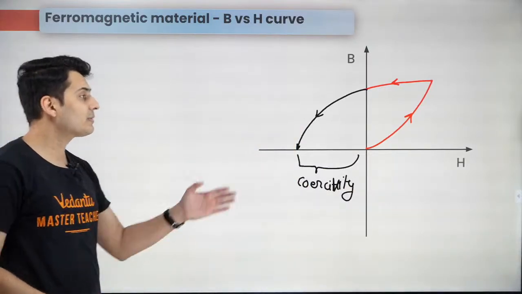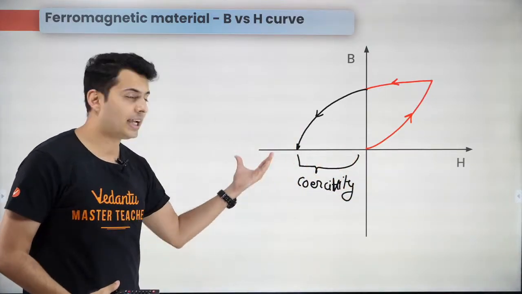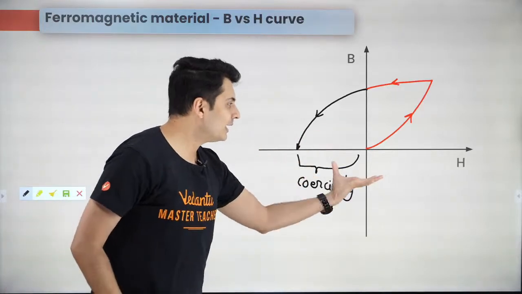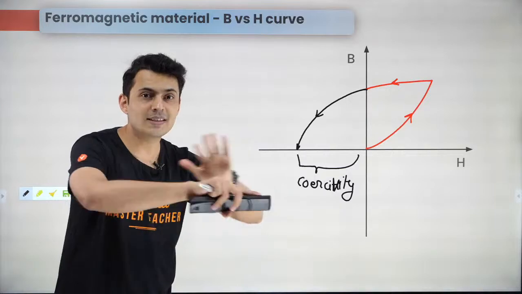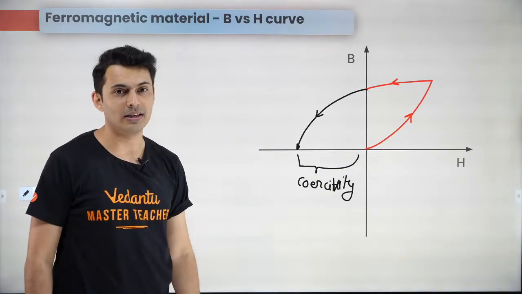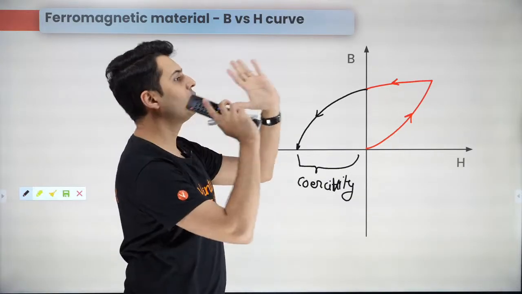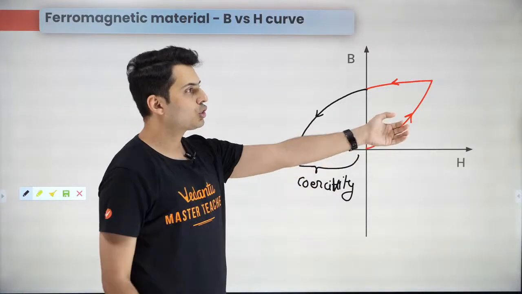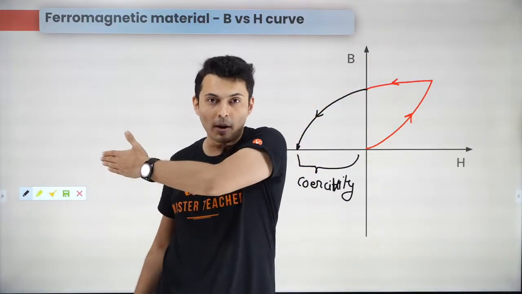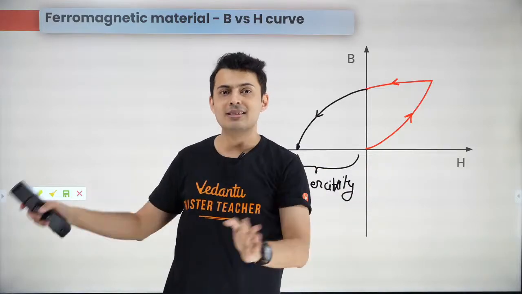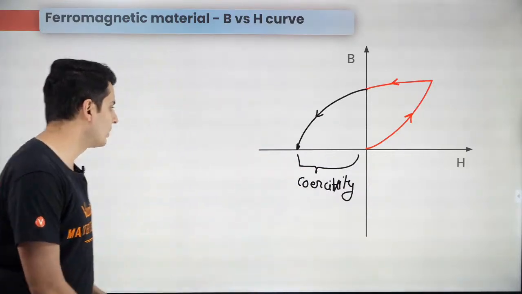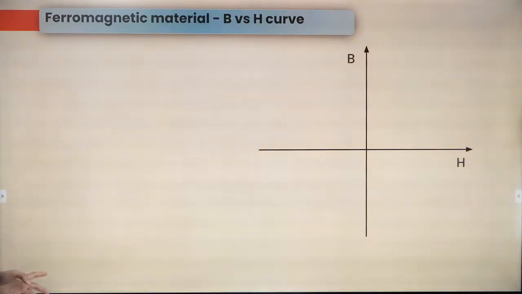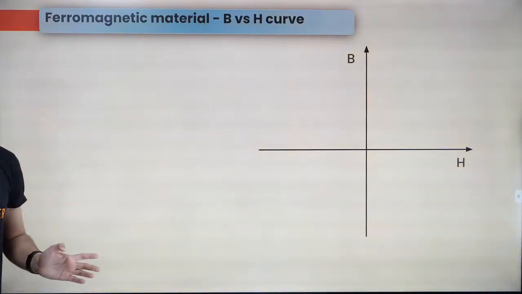So coercivity is basically how much negative external magnetizing field you need so that the induced field becomes zero. So it basically loses all its magnetic properties. Earlier all the domains were pointing in one particular way, so you create the opposite magnetic field so that the domains get destroyed and are again oriented in random directions. That's coercivity. So I hope you have understood the BH curve.